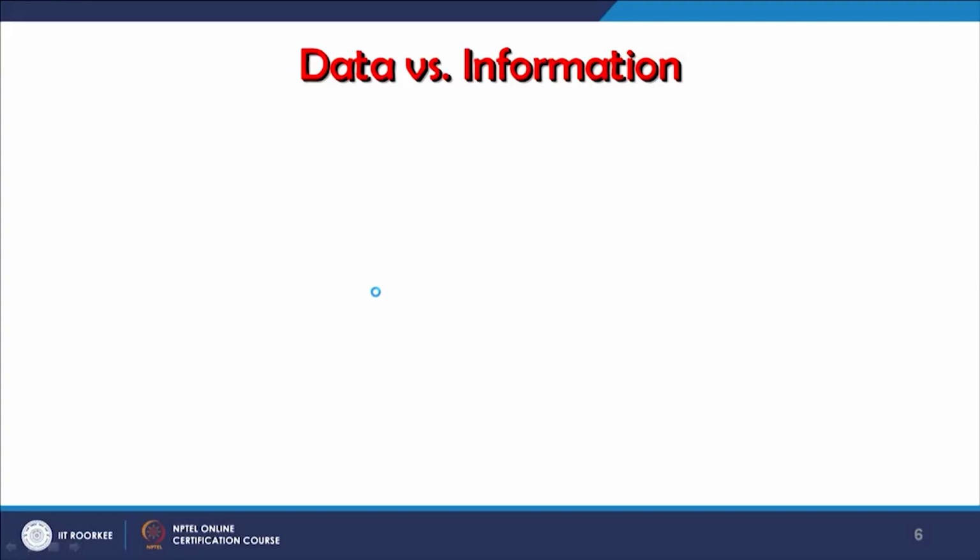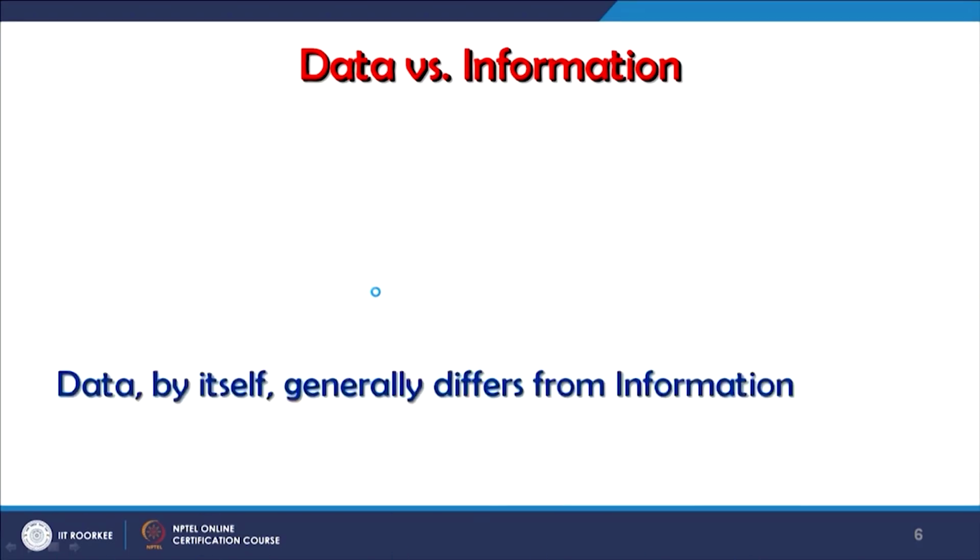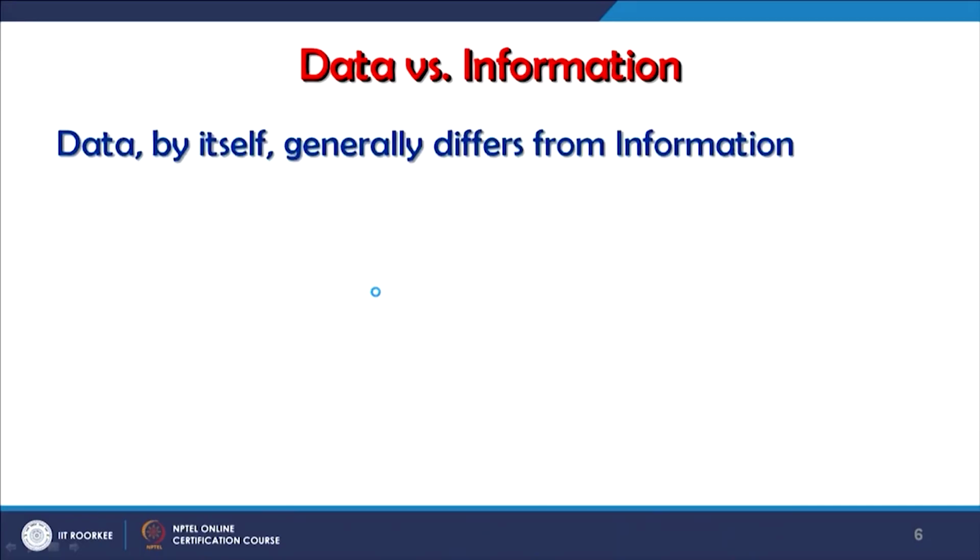Now we will continue this discussion about data, information and knowledge. First we discuss data versus information. If you recall the definition of GIS which we have just discussed, the data is coming from a variety of sources. Now what is basically data?